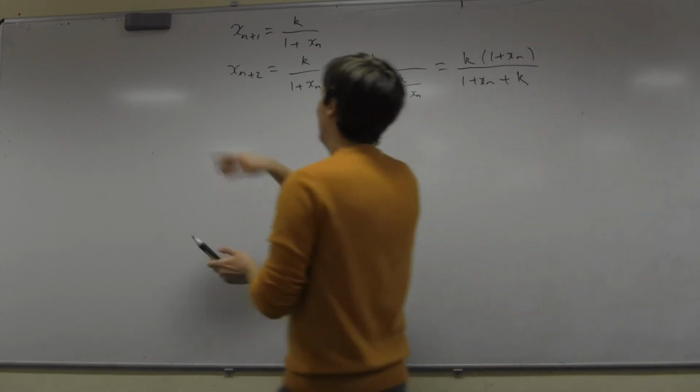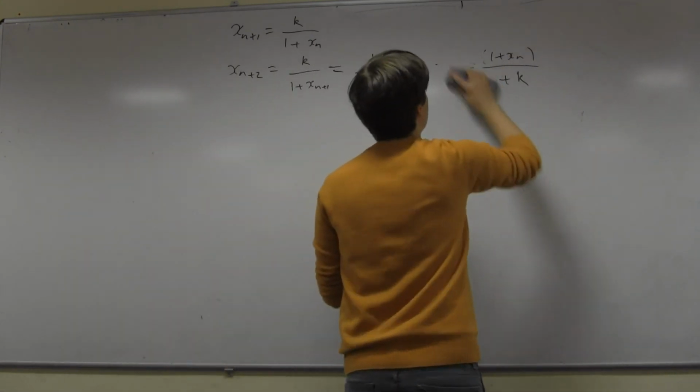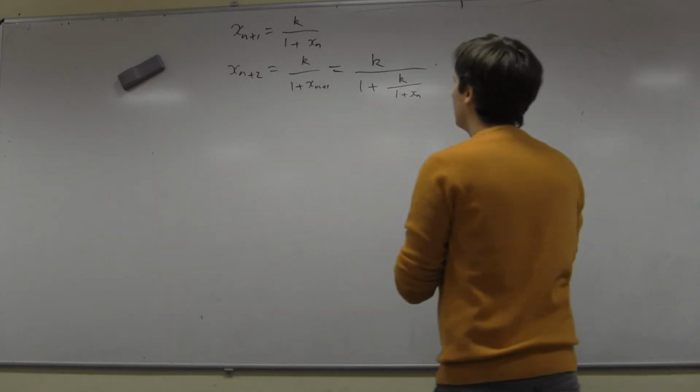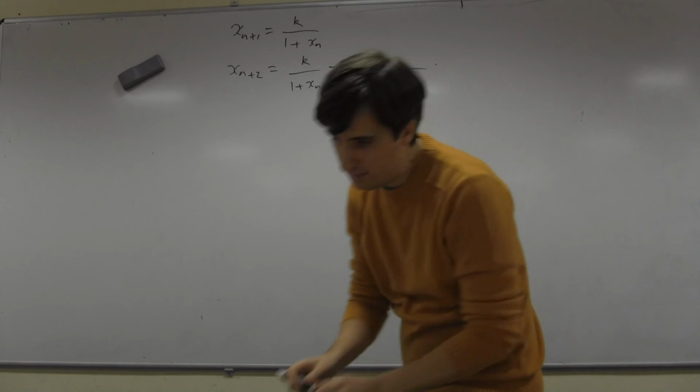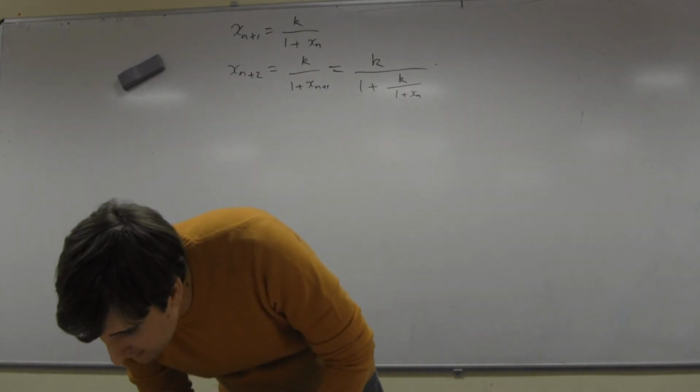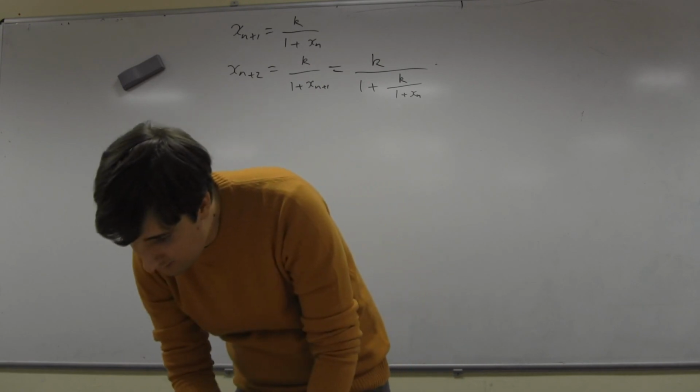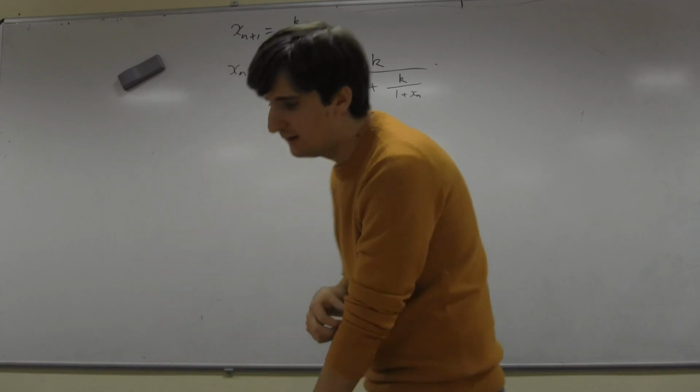Oh no, actually, sorry. Ignore that. Let's not simplify. So the claim was that one of the sequences x2n was increasing and the other was decreasing, and we know that x1 is positive.